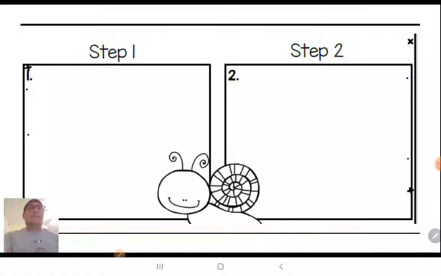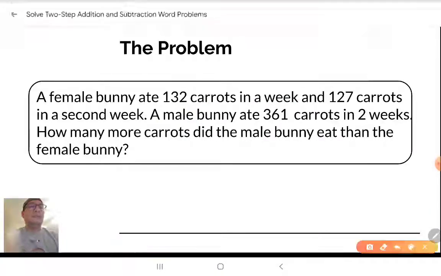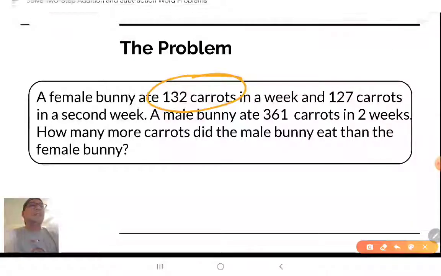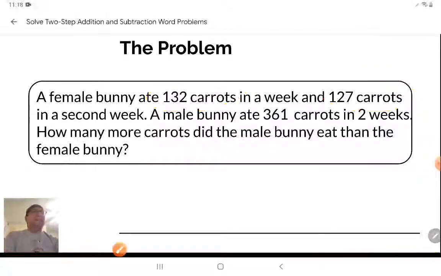Add, which was the 132, right? I need to add the 132 carrots and the 127 carrots. So I'm gonna write that down. Okay, here I am, erasing that.